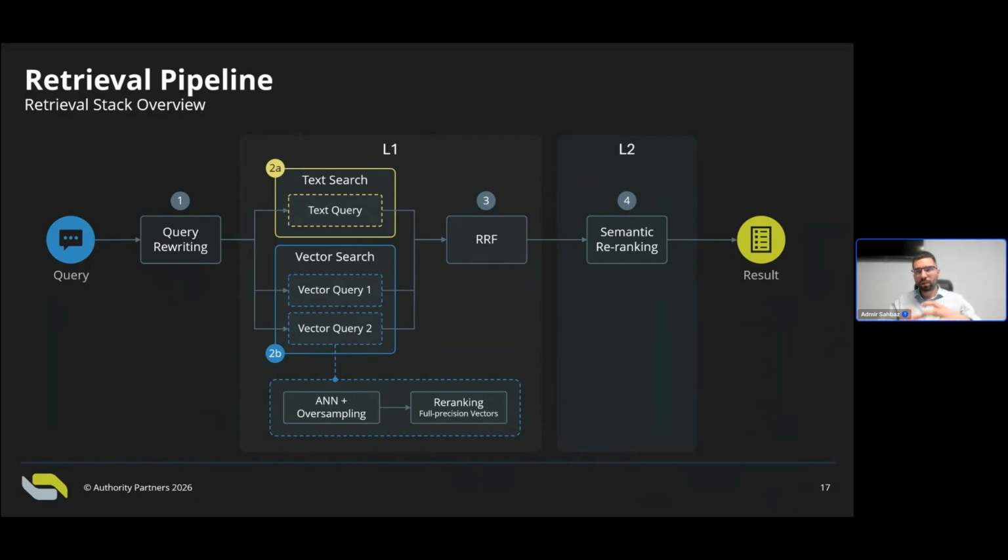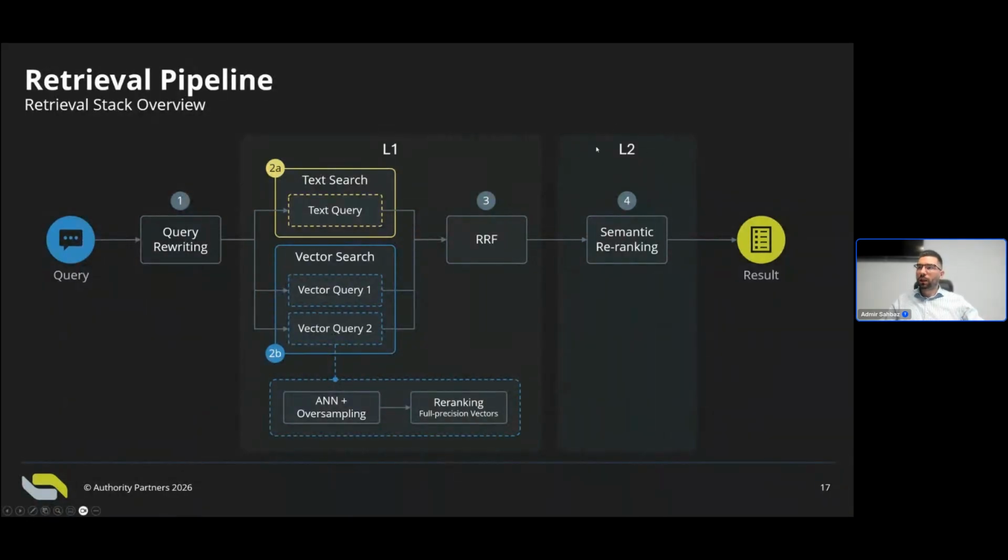So whenever we have multiple queries running in parallel as part of the same search request, Azure AI Search will execute all of those subqueries individually. It produces separate result sets, each ranked using its own ranking methodology. But then in the end, they're all fused or merged together using reciprocal rank fusion.